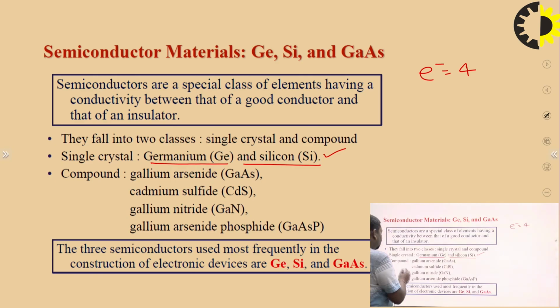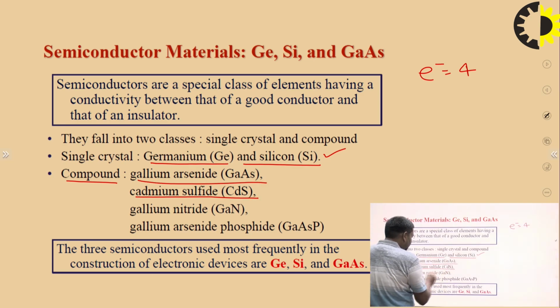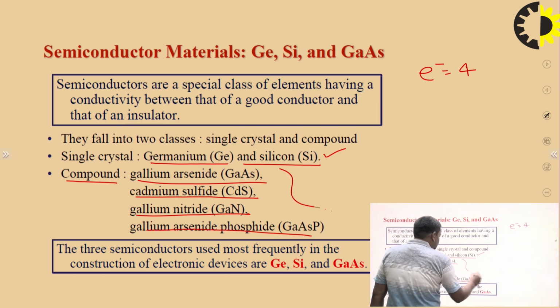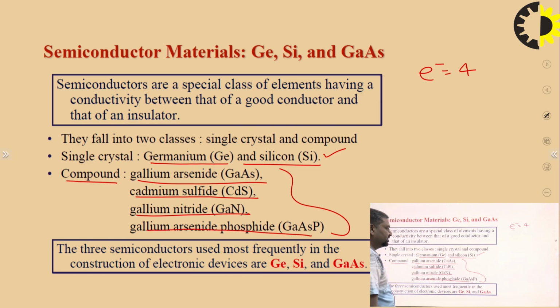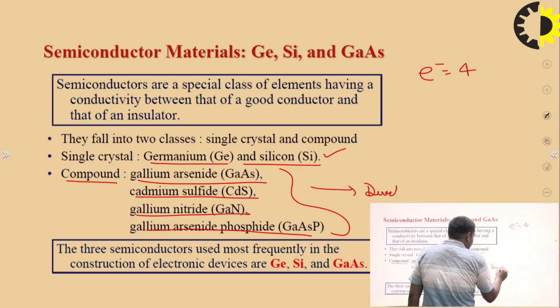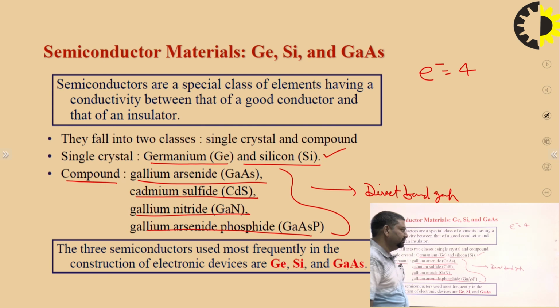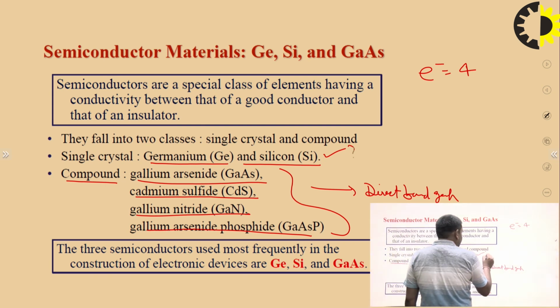And the compound structure semiconductors are gallium arsenide, cadmium sulfide, and gallium nitride. These are also known as direct band gap materials, which are used for light emitting diodes, and this one is an indirect band gap material.